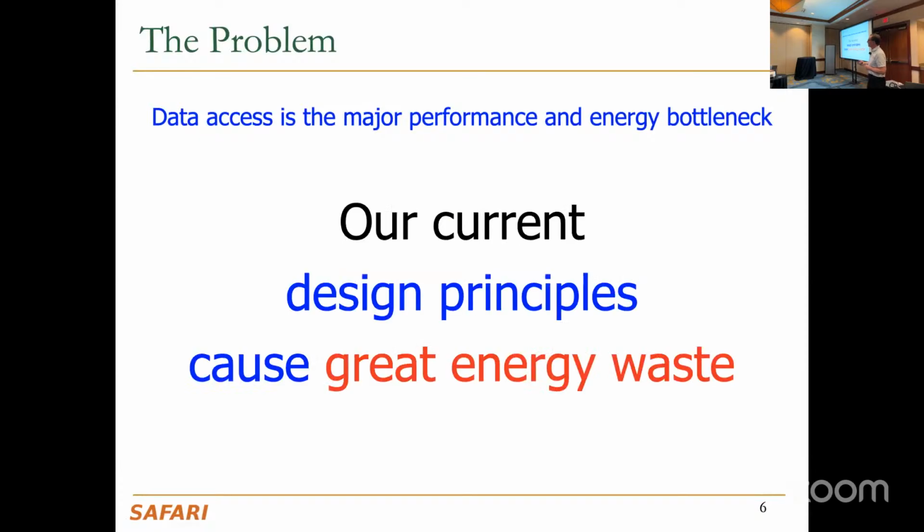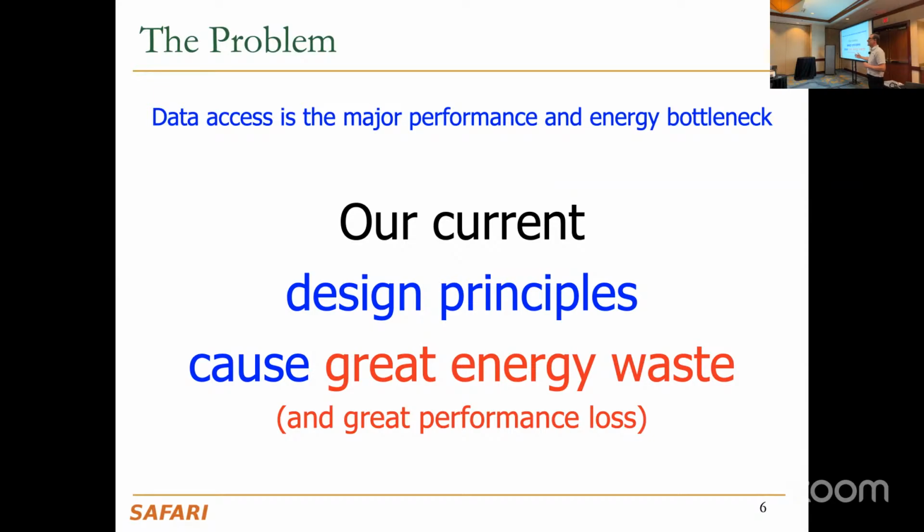So the problem is our current design principles when we design computers cause great energy waste because we're moving data a lot. This also causes great performance loss, again, because data movement consumes latency and bandwidth. And we're trying hard to alleviate the performance loss by building many different things into our systems, like hierarchies of caches, high bandwidth memories, networks, etc. And these are really complicating our system.